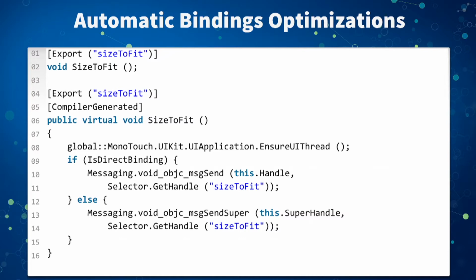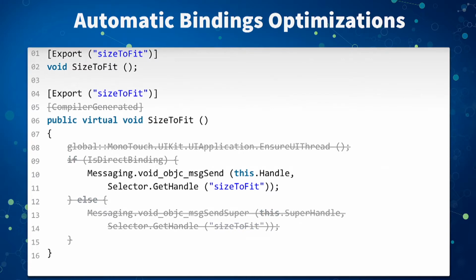Now, the linker is pretty smart with bindings, and it runs an optimizer on that code because it knows that there are too many conditions in there that you won't find in real life. You need all that code because the same code must be run on the simulator, on device, for debug, for release, and all that stuff.